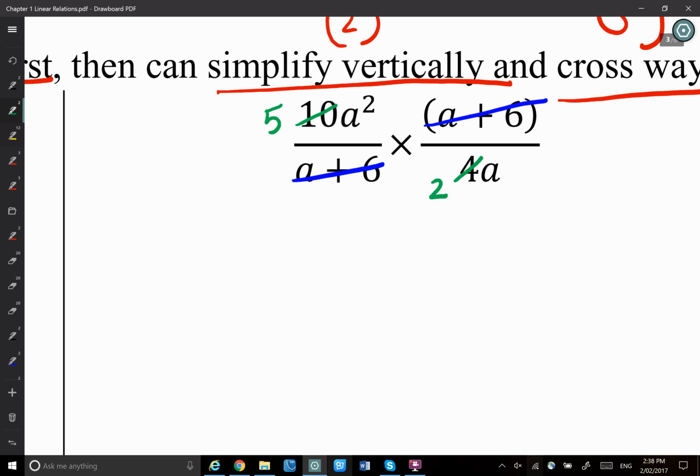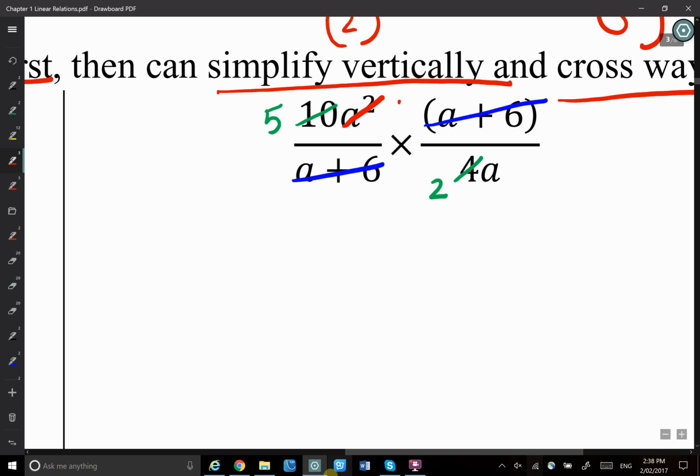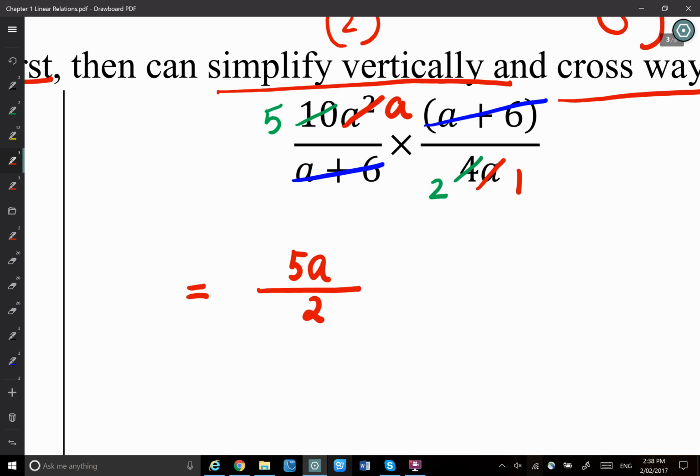Now we have a squared and a. a squared divided by a is a, and a divided by a is 1. So on the top we have 5a, on the bottom we have 2. So it's 5a over 2.